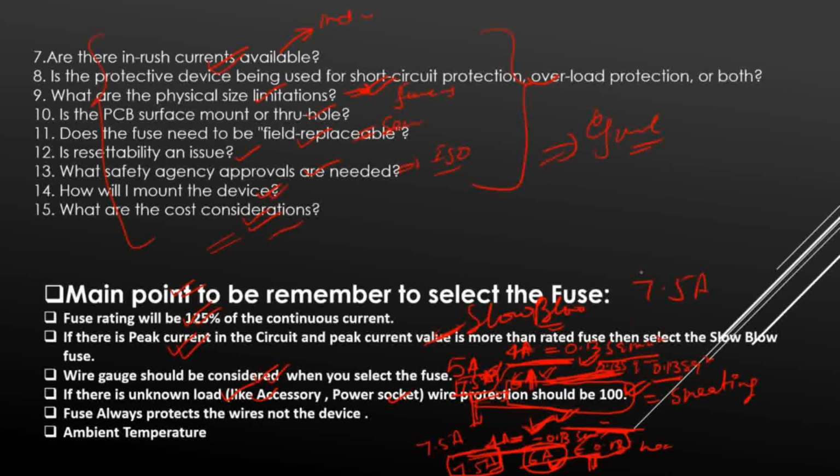Like if 7.5 is coming, then you should not go with 10, because there is a chance that someone puts in an unknown load which draws higher current and your wire will be damaged. Fuse always protects the wire, not the device. You have to remember this.